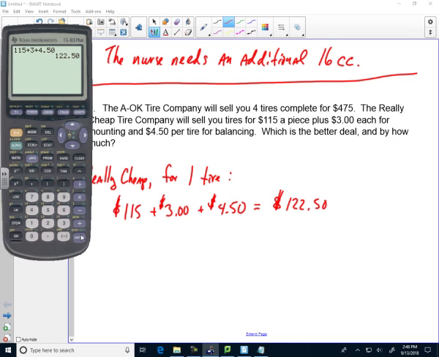Now, we also need to know what they're going to charge for 4 tires. So that's going to be 4 times 122.50.